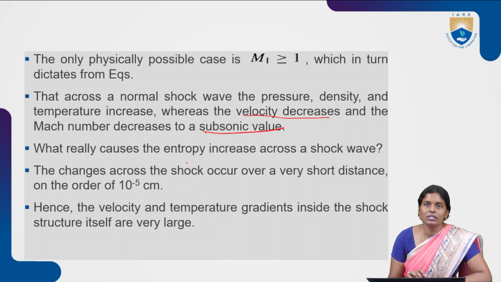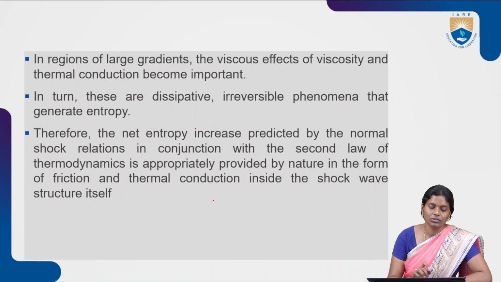So what really causes the entropy increase across the shock wave? The changes across the shock wave occur over a short distance, of the order of 10 to the power minus 5 centimeter. Hence, the velocity and temperature gradients inside the shock structure itself will be very large. In the regions of these large gradients, the effects of viscosity and thermal conduction become important.